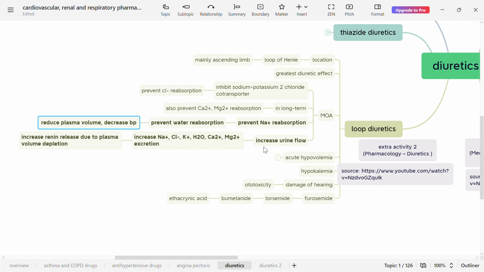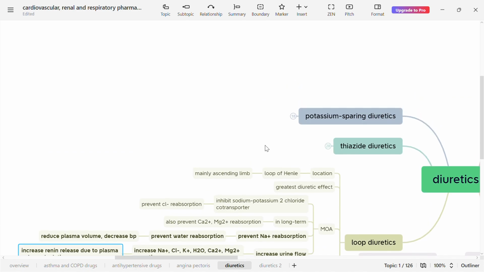But just now we said that it increases the water removal, so it will increase the urine flow and also cause increased excretion of all of these ions and also water, and increase the renin release due to plasma volume depletion as well.